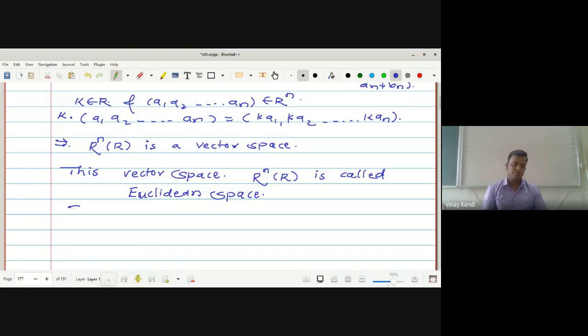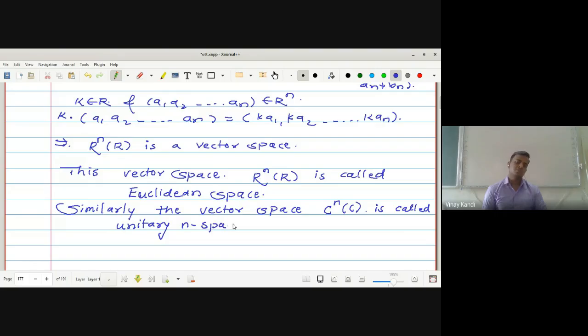Similarly, if instead of R we take the set of complex numbers, the vector space Cn over the set of complex numbers is called unitary n space. Since n tuples are there, we call it unitary n space.